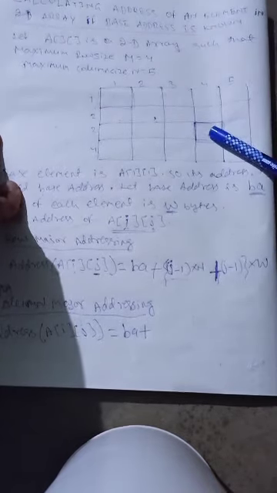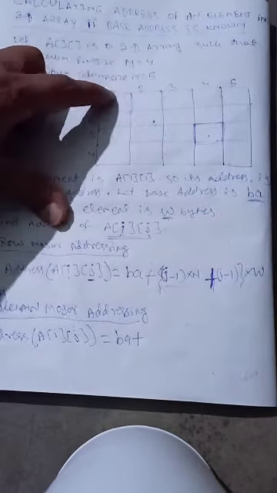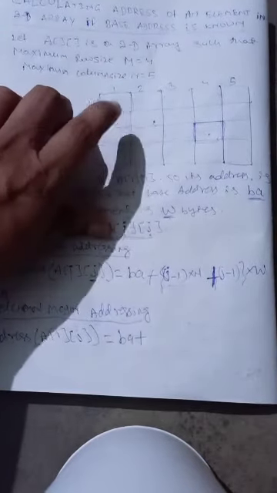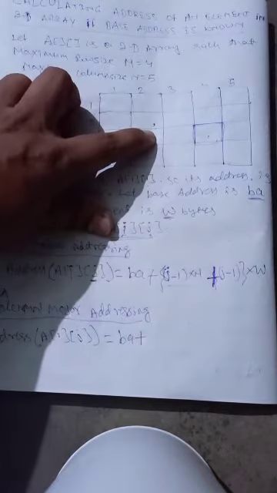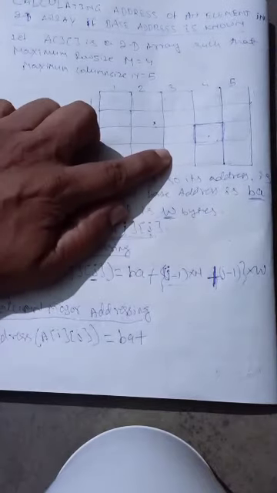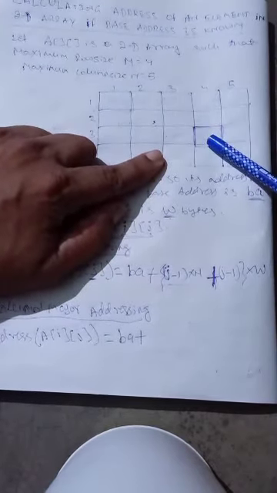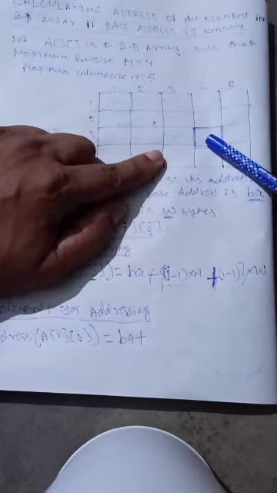In the first column, how many cells are present? There are 4 cells, 1, 2, 3, 4, because there are 4 rows. In the second column again there are 4 cells, so 4 plus 4 is 8. In the third column again there are 4 cells, so the total is 12 cells. Now in the fourth column is the cell for which we want to calculate the address.